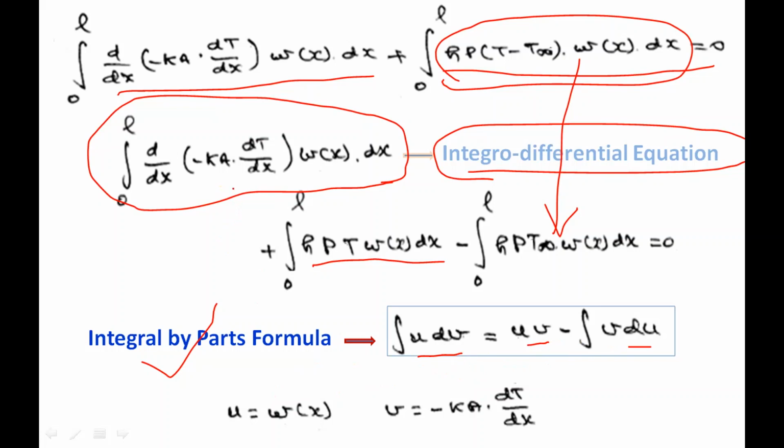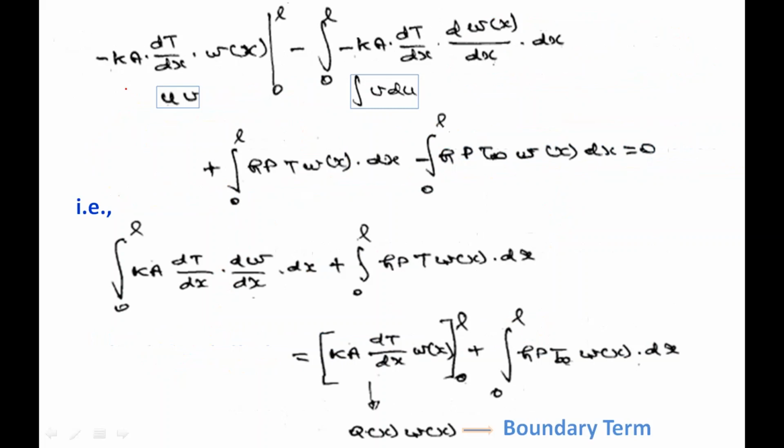So for this equation, what is u? u is w of x. What is dv? dv is this one, so v is equal to minus Ka dT by dx. After applying the integration by parts formula, first we get a uv term. Minus Ka dT by dx is v, w of x is u, and we apply the limits 0 to L, then minus integral v du.